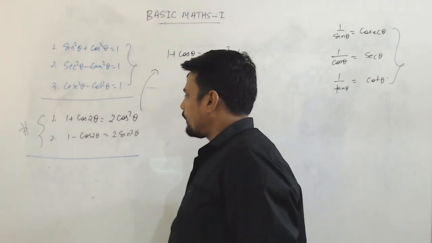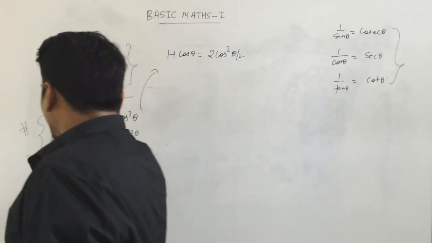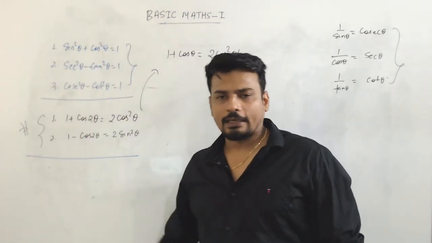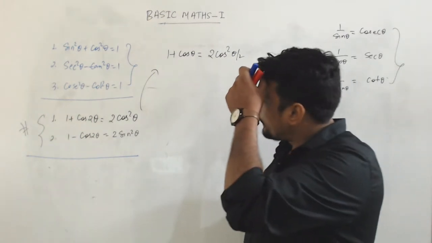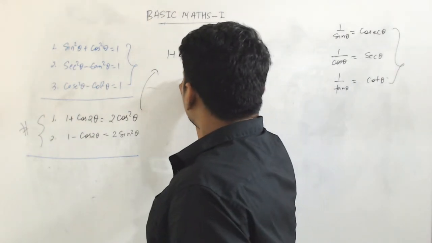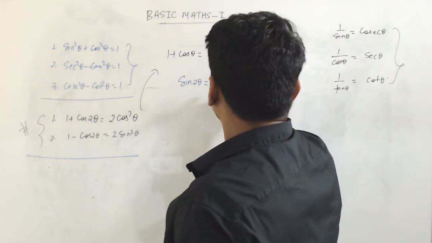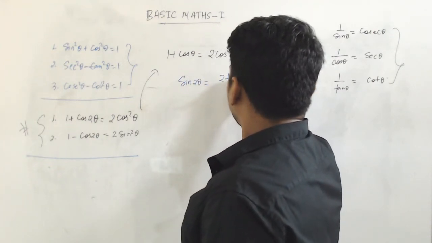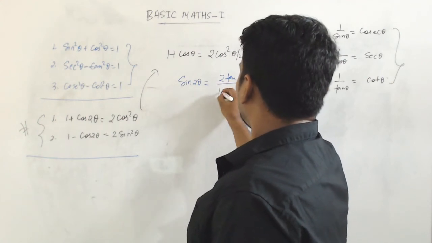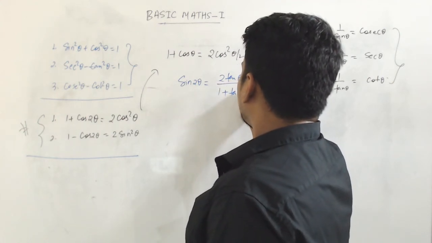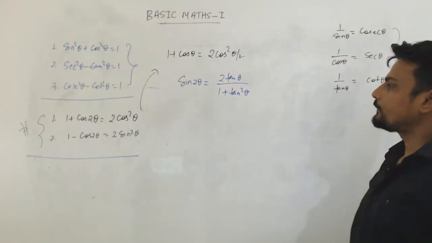Now, the next set of formulae: I want to represent the sine, cos and tan in terms of tan. So sine of 2 theta could be written as 2 tan of theta upon 1 plus tan square theta. All good?